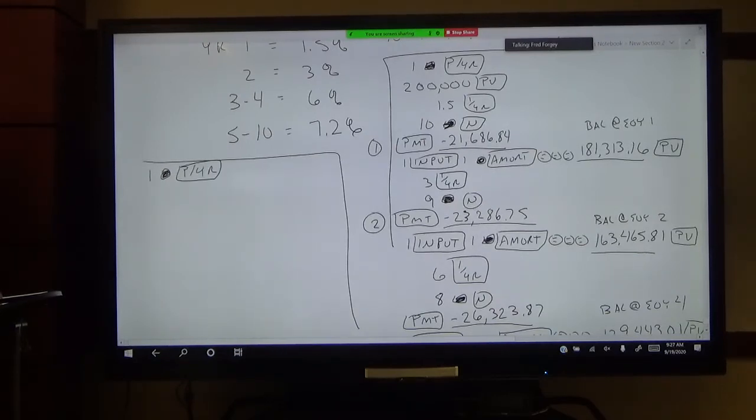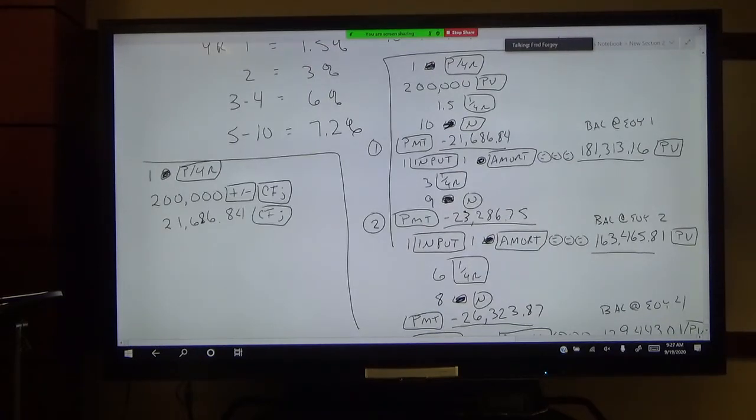And then we start off with the lender has given us $200,000. So from the lender's perspective, it's an outflow. So we're making that the cash flow. Then the first year's cash flow that the lender is going to receive is $21,686.84.